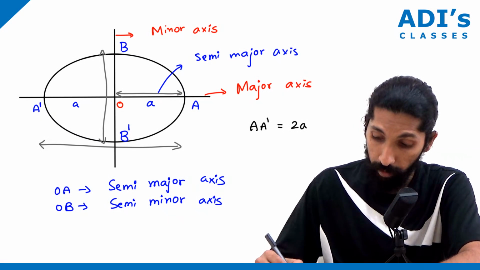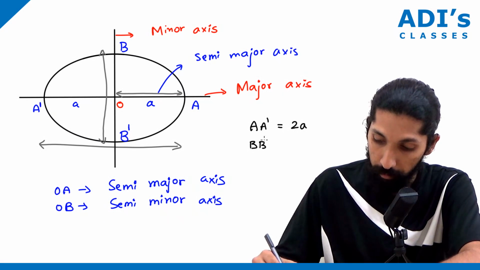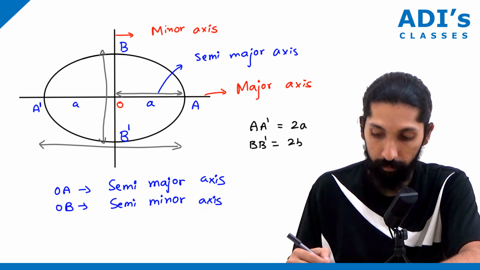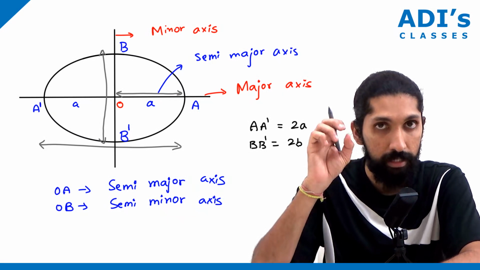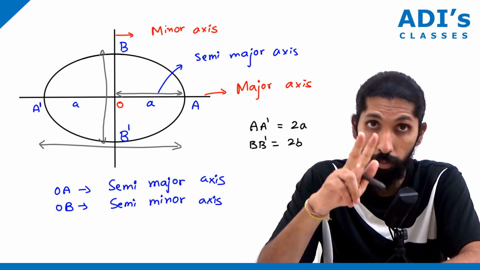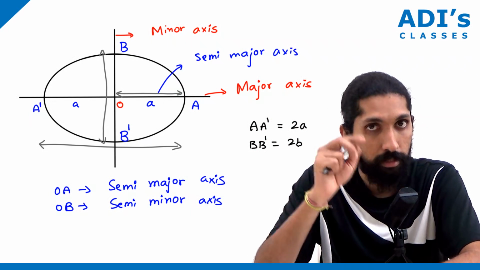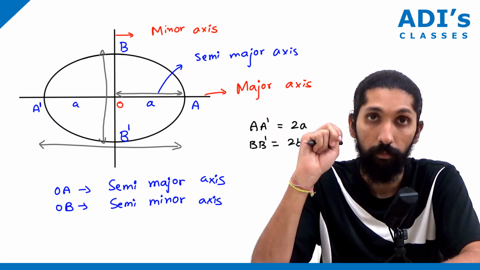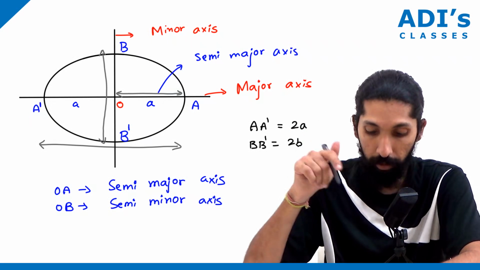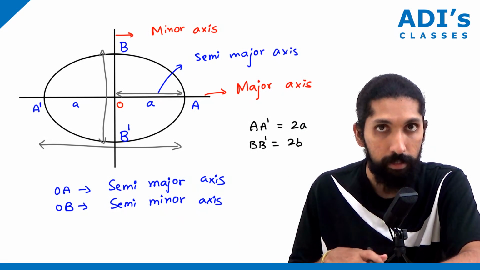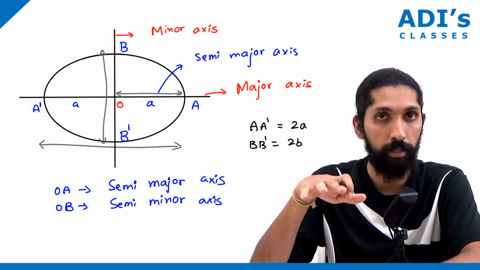Same way, B dash becomes 2b. So the major axis length of an ellipse is 2a and the minor axis is 2b. Fair enough? So we have the semi-major axis, semi-minor axis, and then major axis and minor axis.